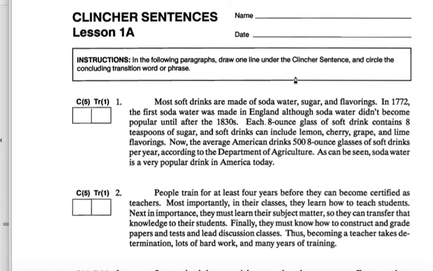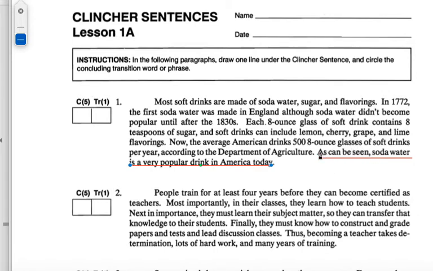So they want us to underline the clincher sentence. So if I take a look at the last sentence, this is my clincher sentence. As can be seen, soda water is a very popular drink in America today. So there is my clincher. But they also want me to circle the concluding transition. So I know the concluding transition begins the sentence.